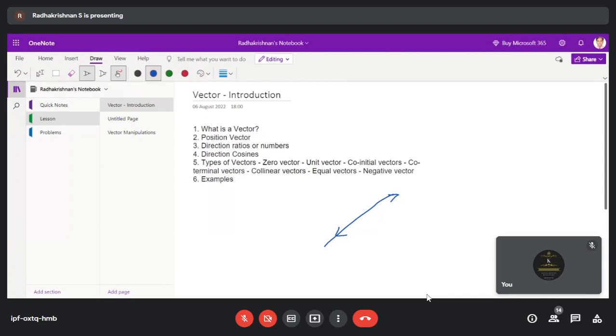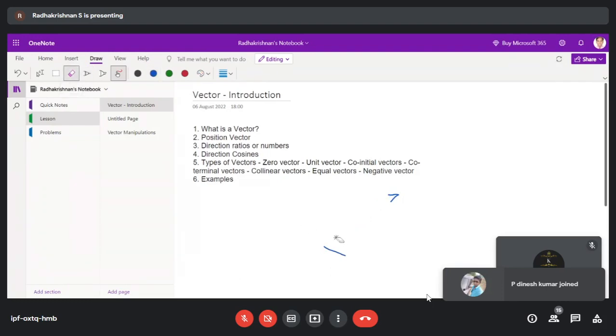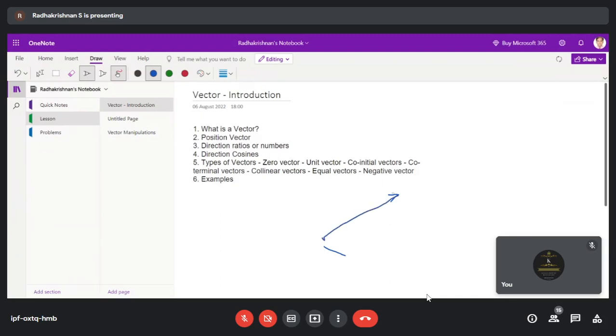Okay. So position vector. If any vector, see, you can see this is your, let us say we erase this off. So first time I'm using this digital pen, so it's a little good of learning for me too. Okay. So this is your directed line. Okay.